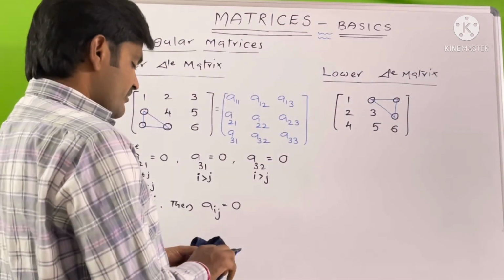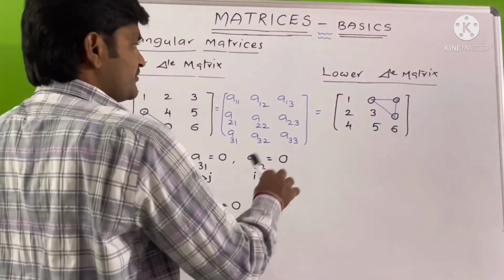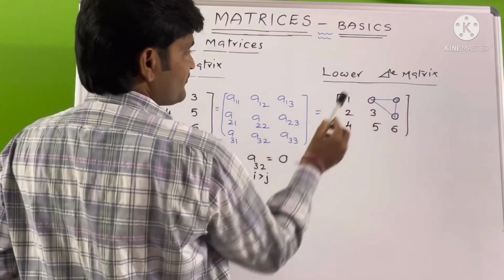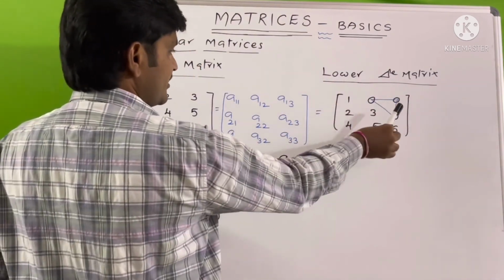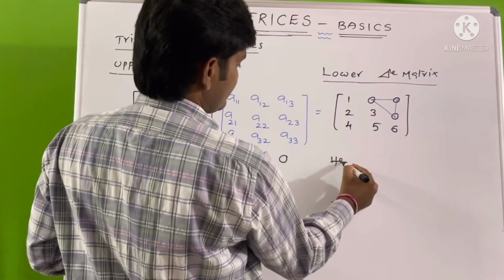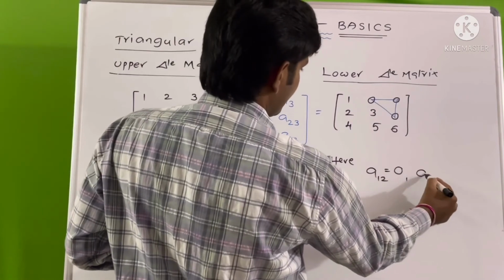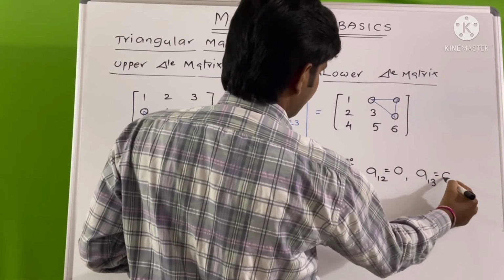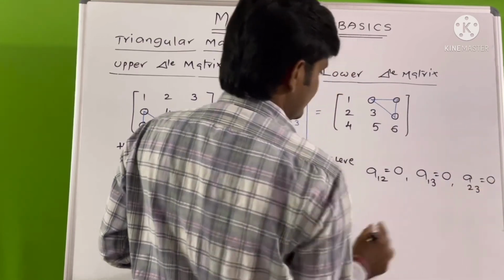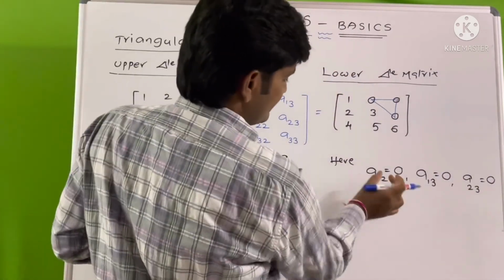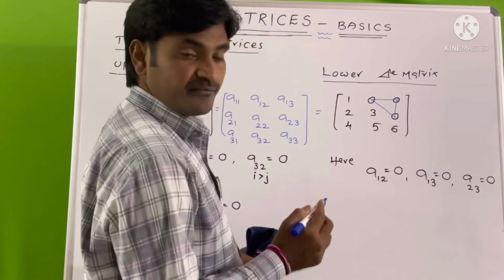Similarly, now comparing this concept with this matrix. Observe here, A12 value 0, A13 value 0, A23 value also 0. In the suffix values, first value is i, second value is j.